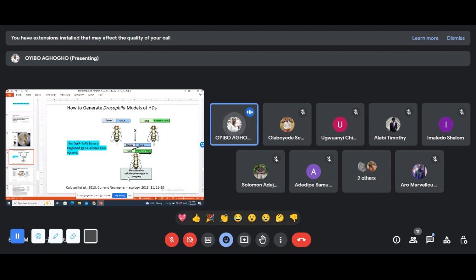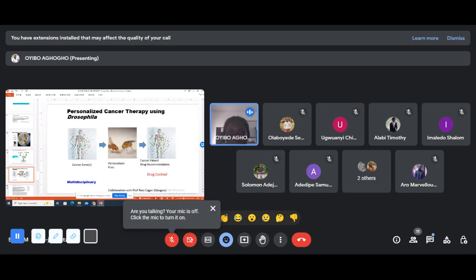So it needs a lot of reading to understand this. By the time you cross them, the progeny will carry it, but it's not all the progeny, because you remember that when we did genetics, you cross, some have some things. So it is a specific one that carries it, and you might be able to select that specific one and then carry out your research.